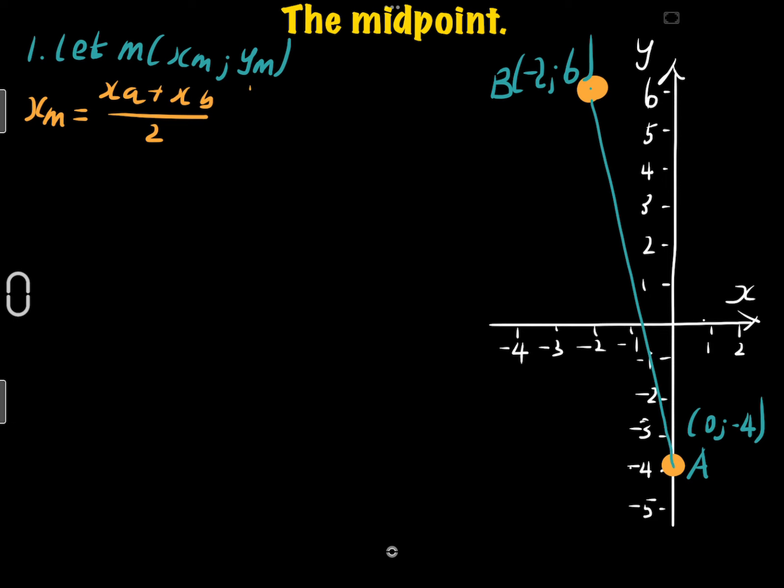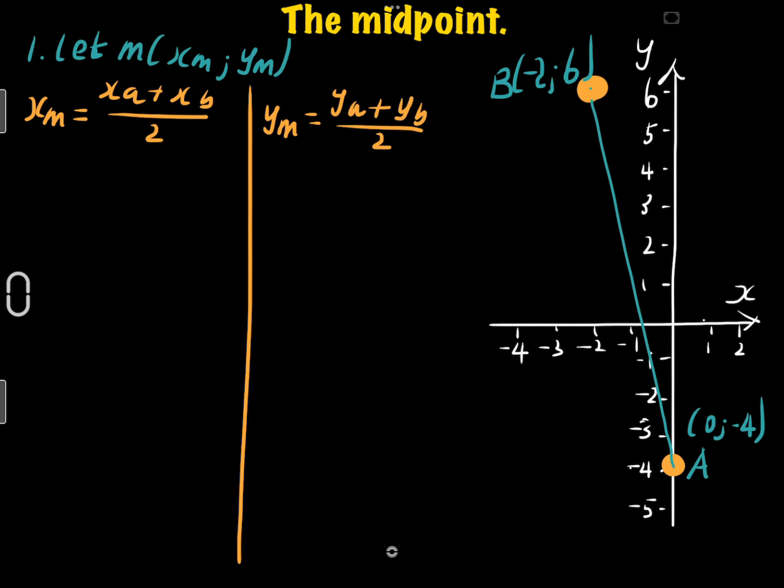That's for finding the midpoint for the x coordinate. And for the y coordinate, we have ym is equal to ya plus yb, also divided by 2.